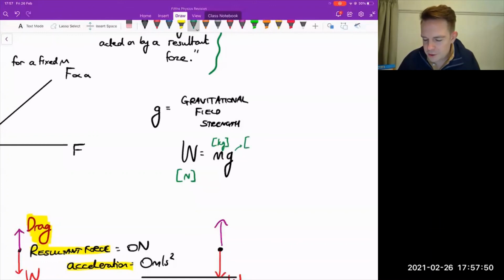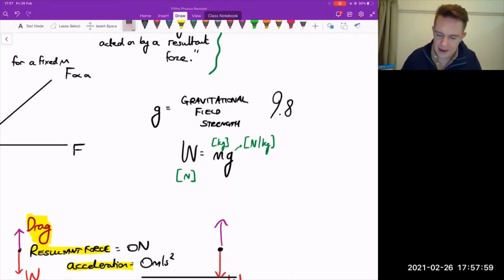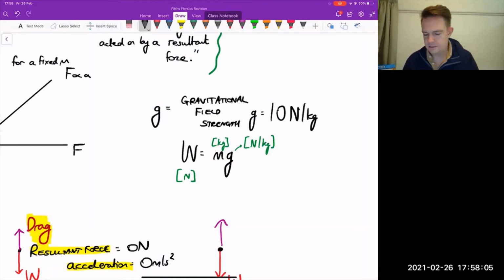Now, you probably remember g to be in newtons per kilogram. So you say on Earth, 9.8 or 10, or well, at IGCSE, 10 newtons per kilogram. You say, oh yeah, g on Earth is that. And that's fine. It tells you how much force each kilogram of mass feels.